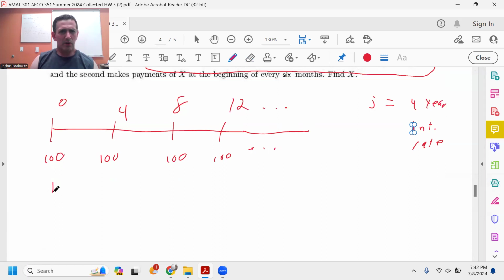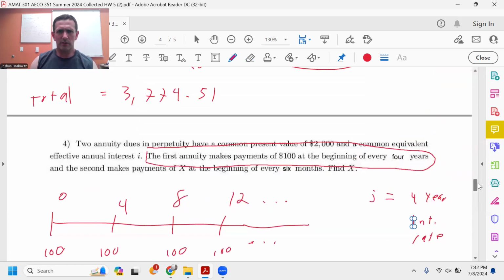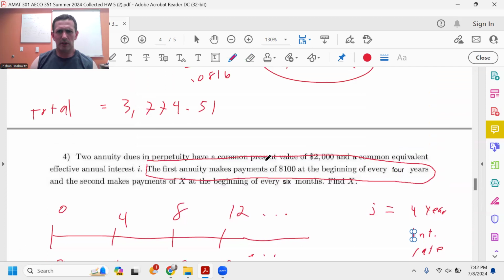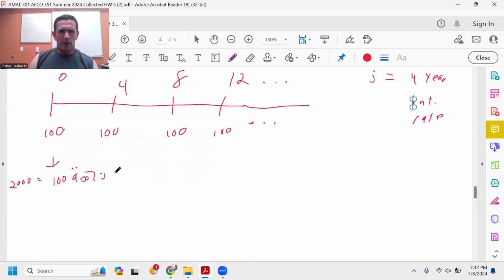Anyway, so present value is 100 times a-angle-infinity double dot at J. We're given that this is 2,000, the common present value.